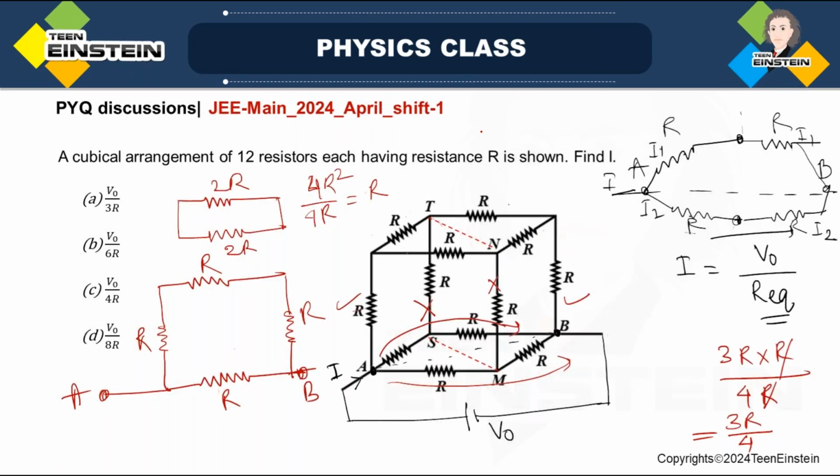Now I have to find out the current I. I is V0 by 3R by 4.